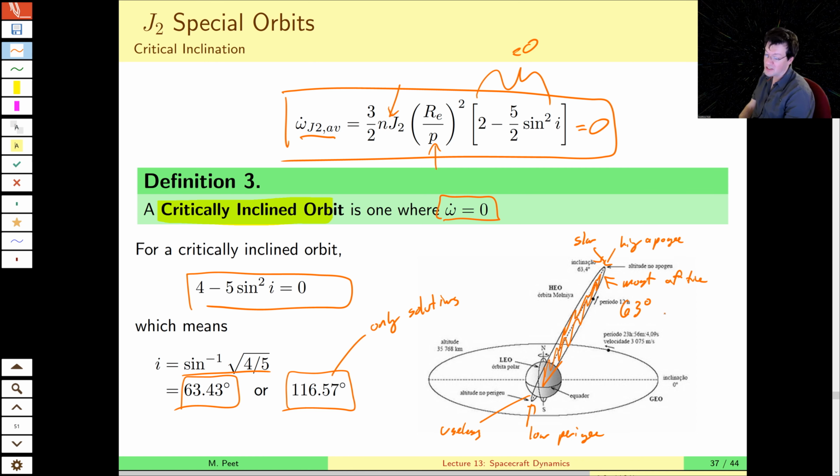Perfect line of sight at 63 degrees latitude. Sorry, that's longitude. So it spends most of its time there and spends very little time out.